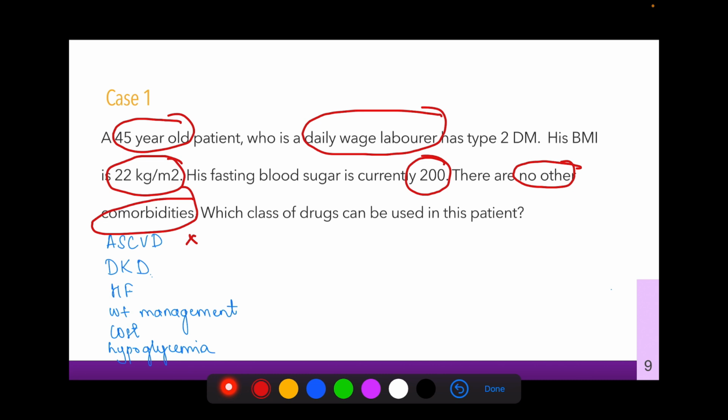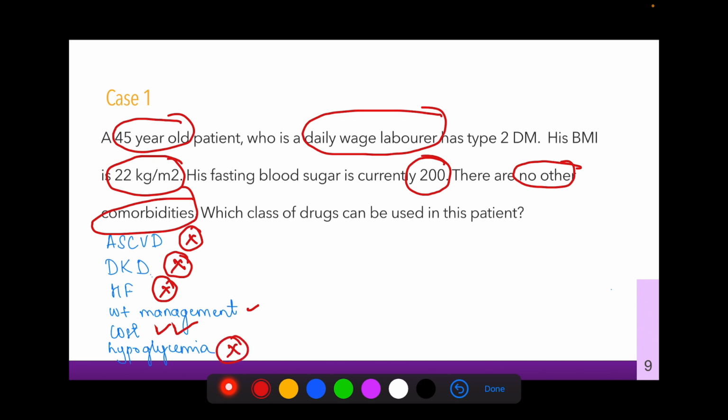My goal is not to reduce the risk of ASCVD. What about DKD? No. Heart failure? No. Weight management, I would say somewhat okay. Cost? Yes. He is a daily wage laborer, so I should always look into the cost. Then hypoglycemia, he is a daily wage laborer, middle aged. I don't think the patient has risk of hypoglycemia.